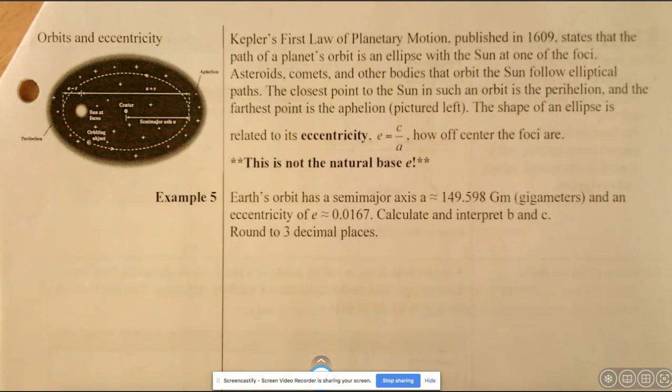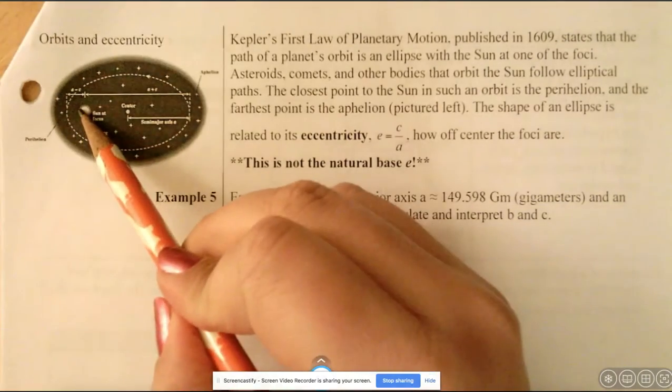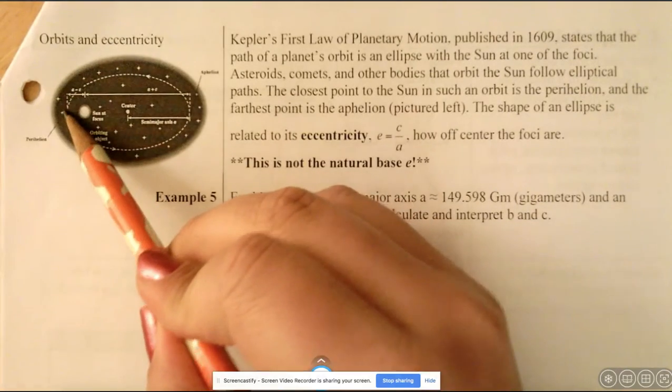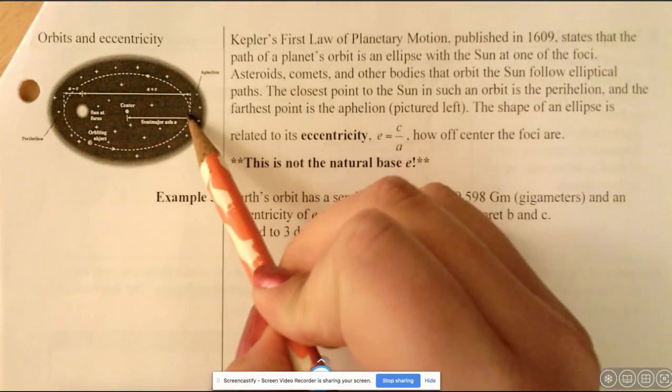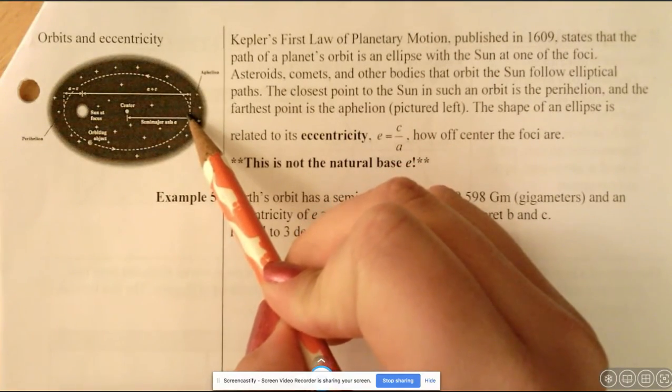The closest point to the sun in such an orbit is called the perihelion, and the farthest point is called the aphelion. Okay, so if here's the sun, then the distance to the closer vertex is the perihelion, distance to the farther vertex is the aphelion.